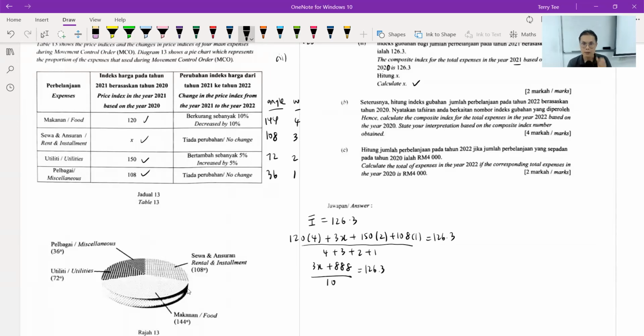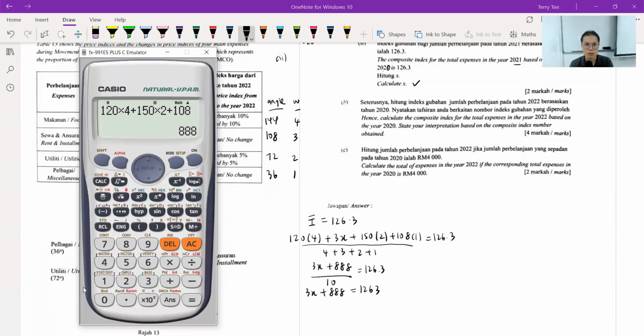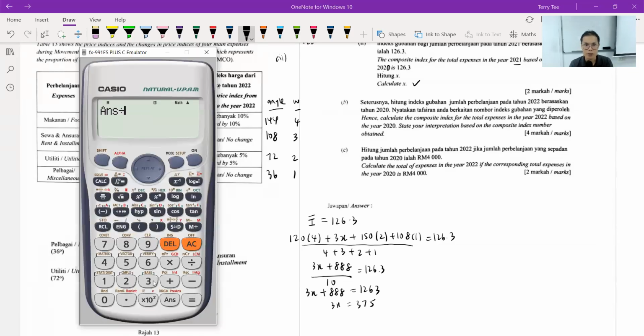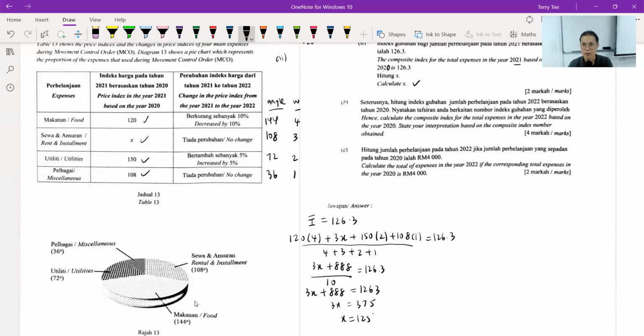Now 126.3 multiplied by 10 is 1263. Take 1263 minus 888, and 3x is 375. You divide by 3, the answer is 125. Yes, x is 125. Not a big issue, right?